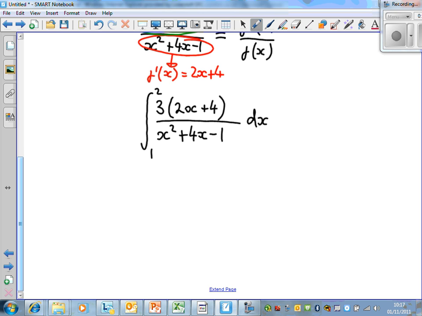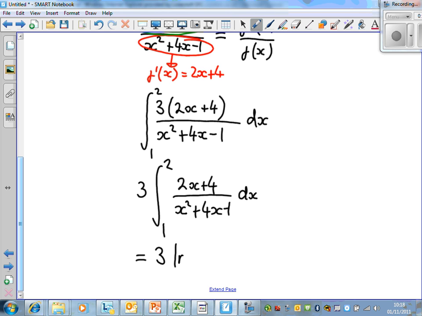The 3, I can take outside the integral, so we get 3, integral between 1 and 2, of 2x plus 4 all over x squared plus 4x minus 1 dx. Now we've got it in the form f dash of x over f of x. So this becomes, quite simply, 3 lots of ln the modulus of x squared plus 4x minus 1 plus c. And we're done. Simple as that.